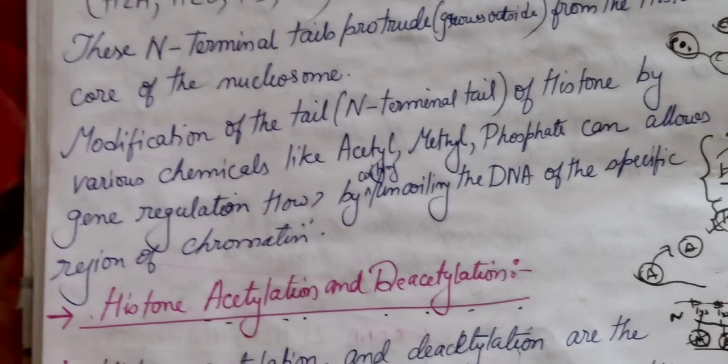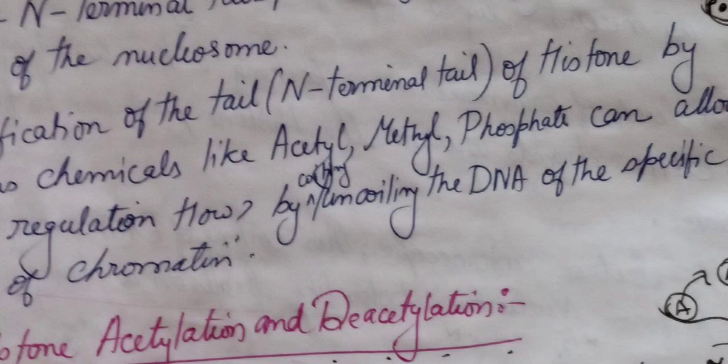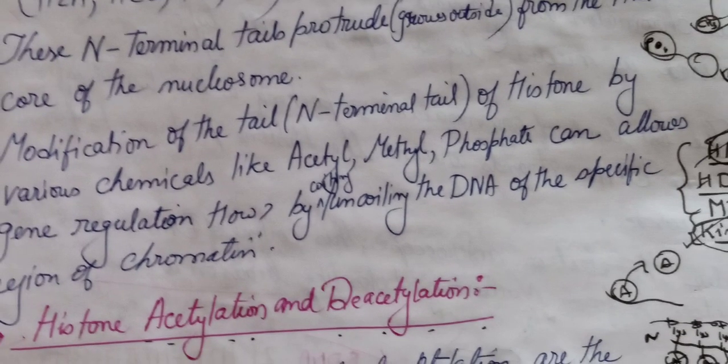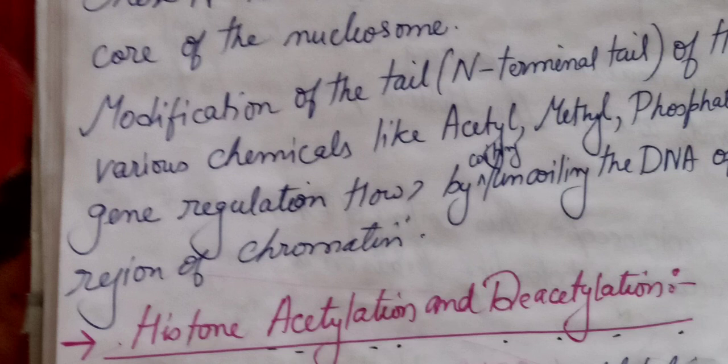So modification of the tail of the histone by specific functional groups like acetyl group, methyl group, phosphate group can help gene regulation by coiling or uncoiling the DNA of the specific region of chromatin. So this was the basics of histone modification.